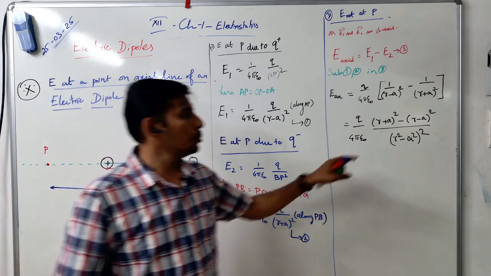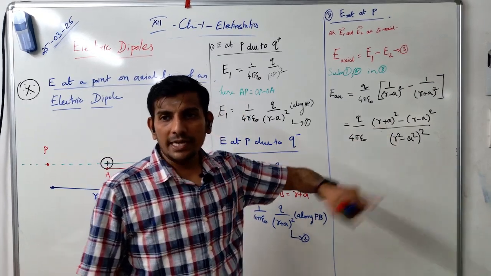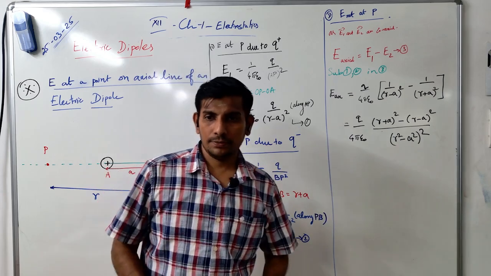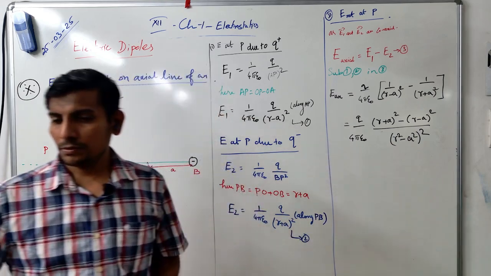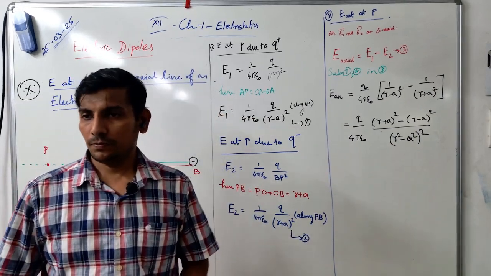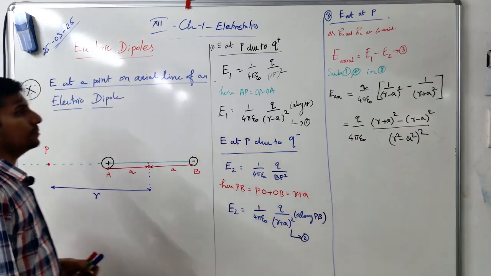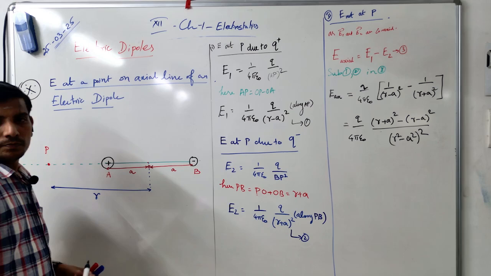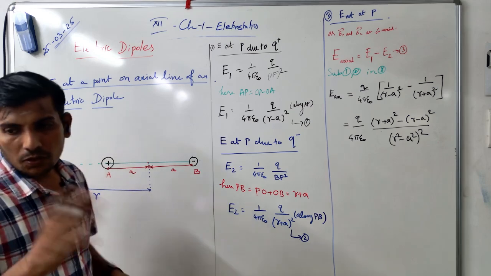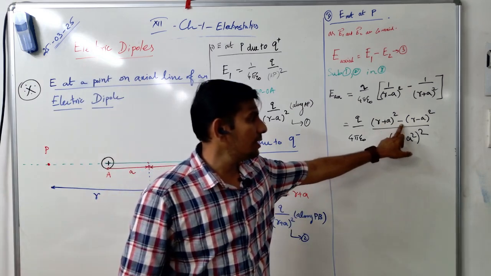So now I want you to use the binomial expansion, the A plus B whole squared formula, on the numerator and expand. Do it. Work it out. Let everyone do. Done? And cancel out all the odd points, because here we have the plus symbol, here we have the minus symbol.